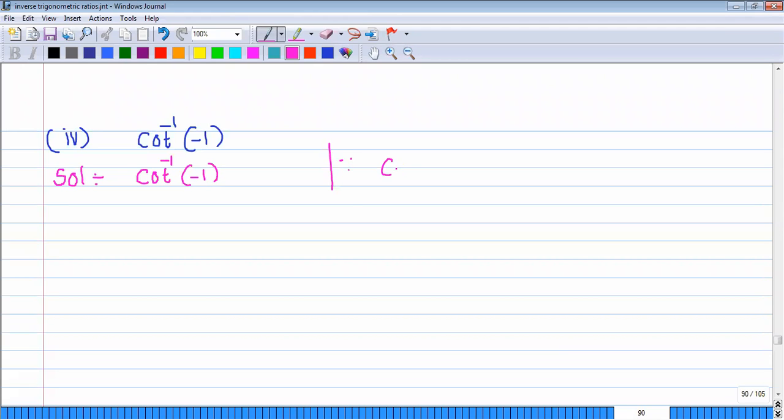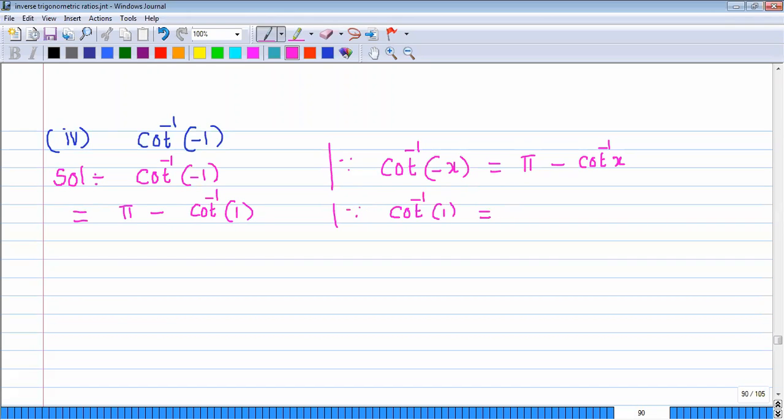See, we have the formula: cot inverse of negative x is equal to pi minus cot inverse x. So this we can write pi minus cot inverse 1. Now, my dear students, you remember this cot inverse 1 we can write cot inverse of cot 45 degrees.